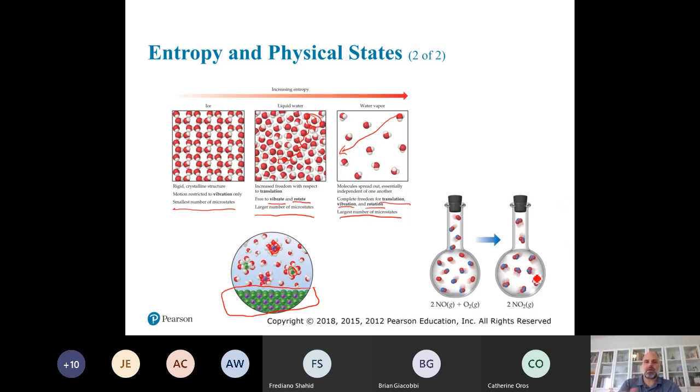All right, then you also have, in this particular example, where we're taking nitrogen oxide and reacting it with oxygen. We're going from 3 gas molecules to 2 gas molecules. So this is a decrease in entropy.